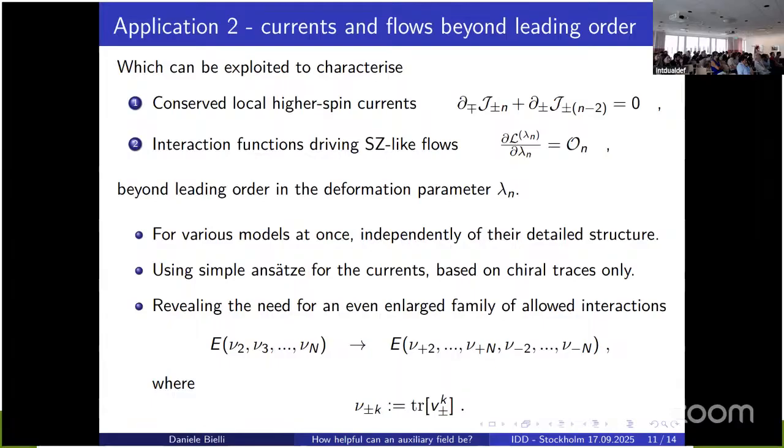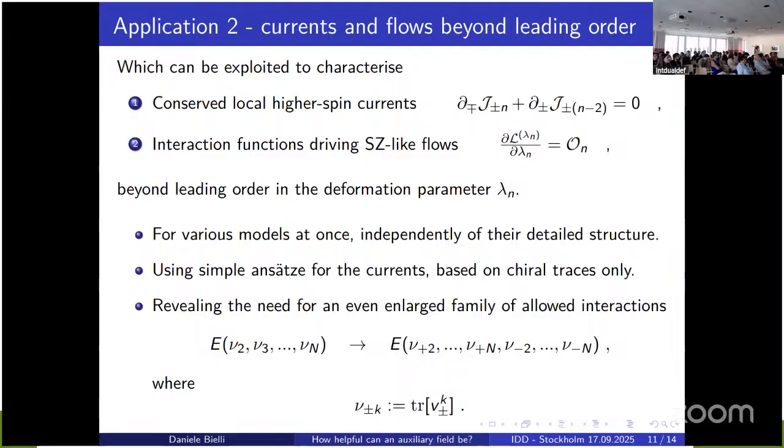In fact, if you want to actually construct these higher spin currents and this interaction function, you need to enlarge the ansatz even further by breaking down these nu2, nu3 into their building blocks, which are these nu plus minus 2, nu plus minus 3 that you see down here, which are the non-Lorentz invariant parts.